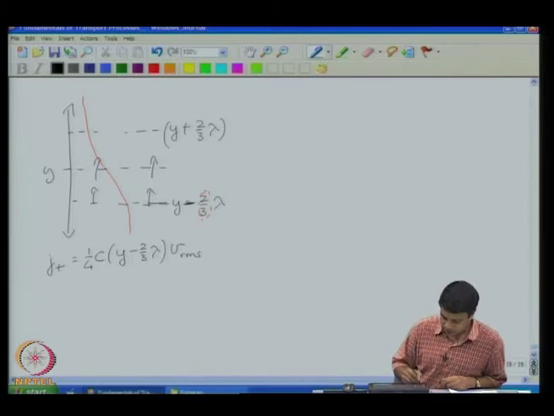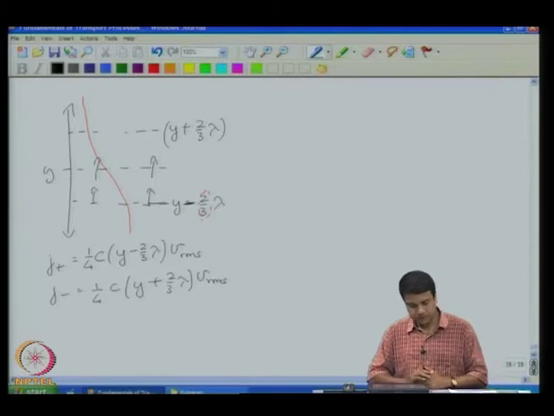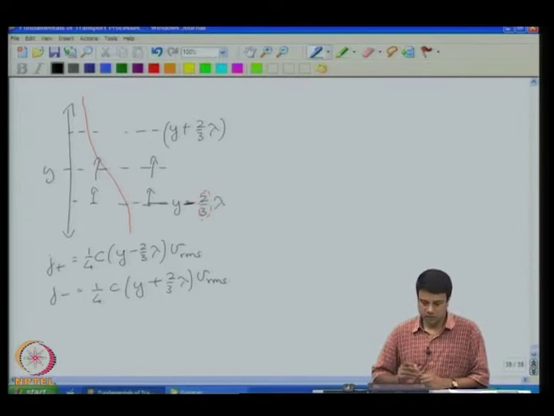So, therefore, the flux going downwards will be equal to 1/4 C into y plus 2/3 lambda times the root mean square velocity. Total flux is what goes above minus what goes below, if the y direction is directed upwards. Okay.